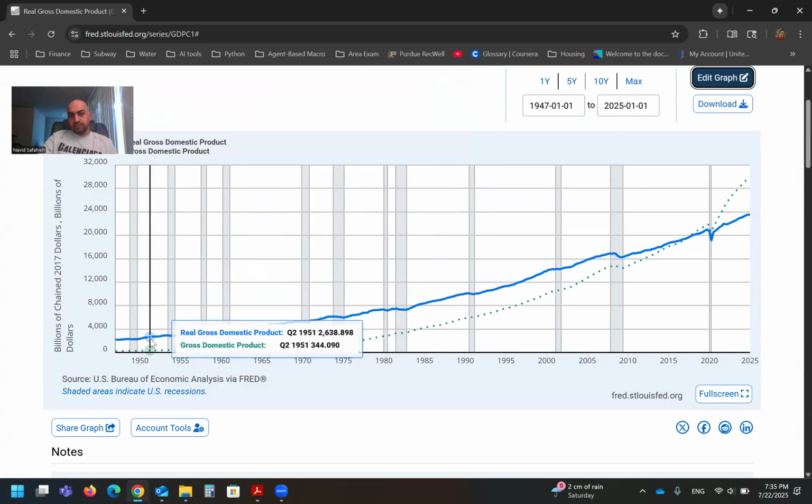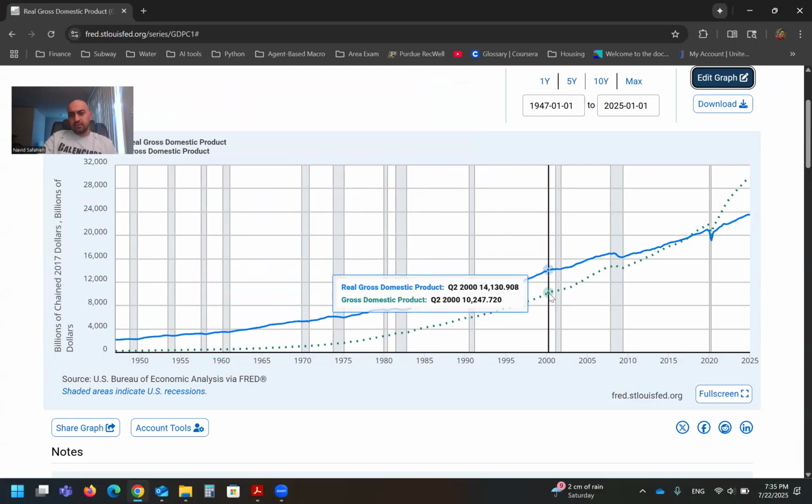So the blue line is still the real GDP data, and the green dotted line is the nominal GDP.